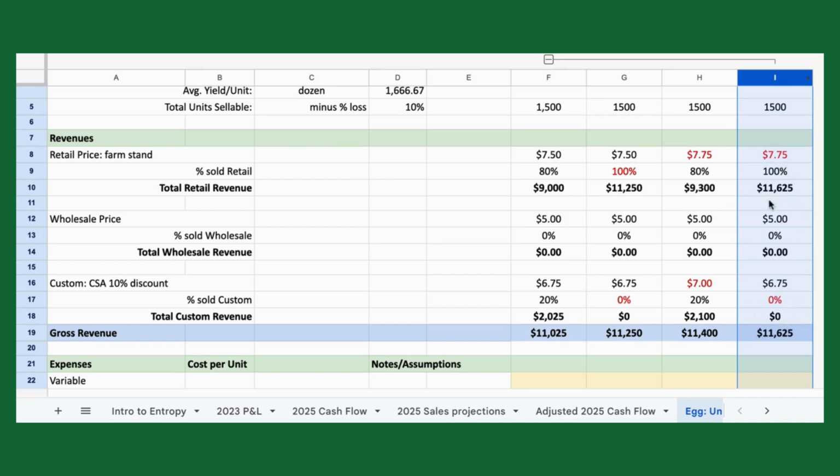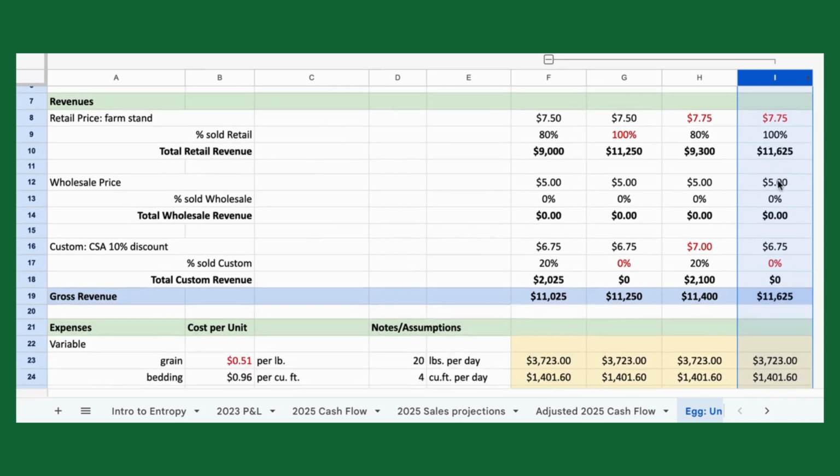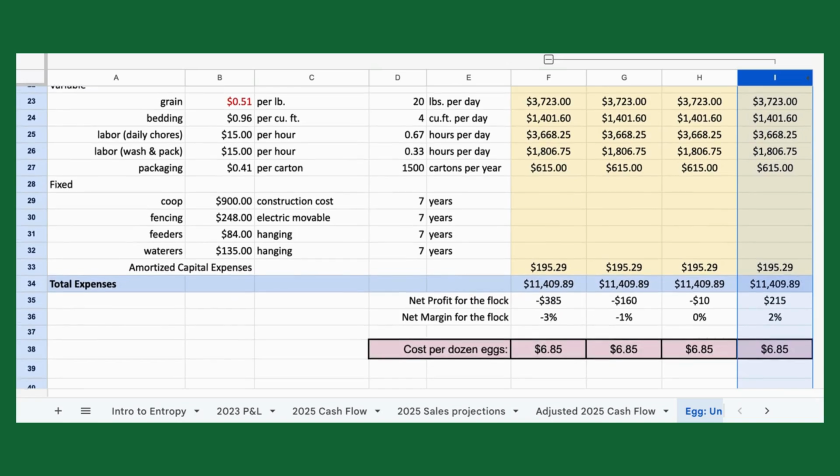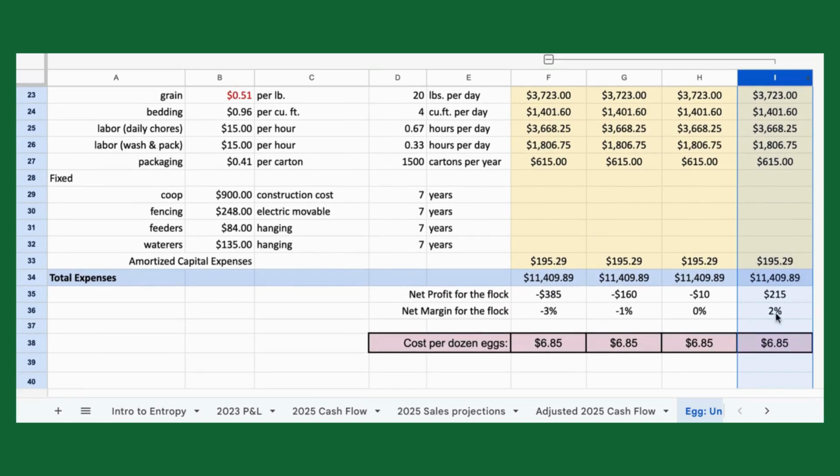I'm going to sell all of the eggs, all 1,500 dozen, at the full retail price, which is going up 25 cents. So let's scroll to the bottom where we see, of course, the rosiest picture of all. It's closer to where their original plan was. It's a positive 2% margin instead of 3%. They're basically spending $11,400 to make $215.